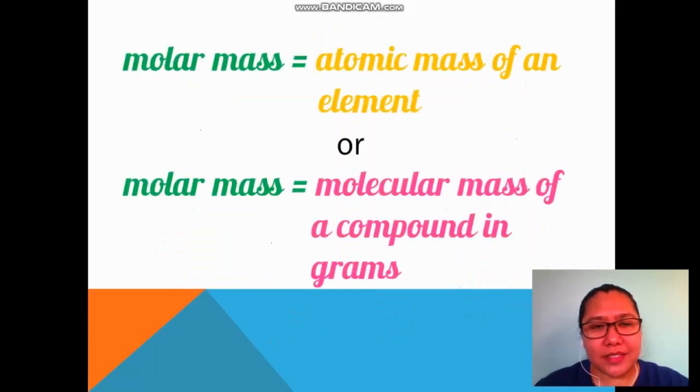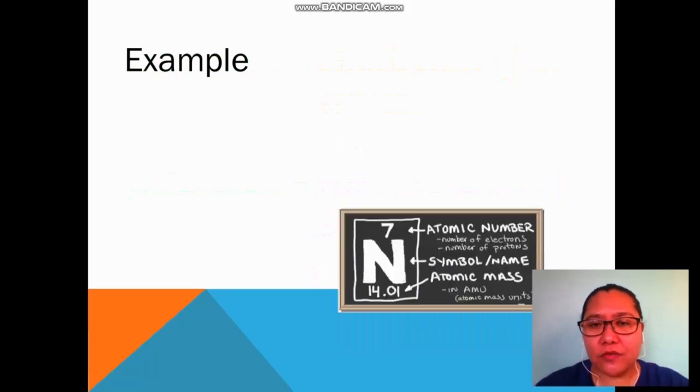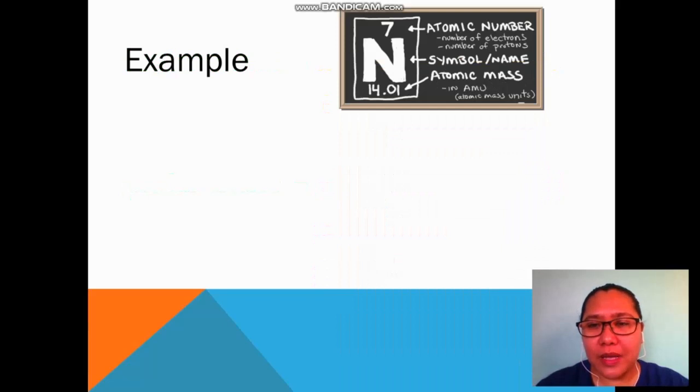So the molar mass can be defined as the atomic mass of an element or the molecular mass of a compound in grams. To help us in understanding our idea about the molar mass, let us have the following example. But first, let us identify where you can find the atomic mass of the element on your periodic table.